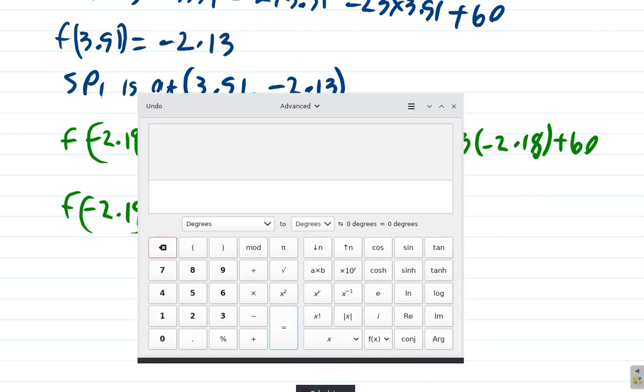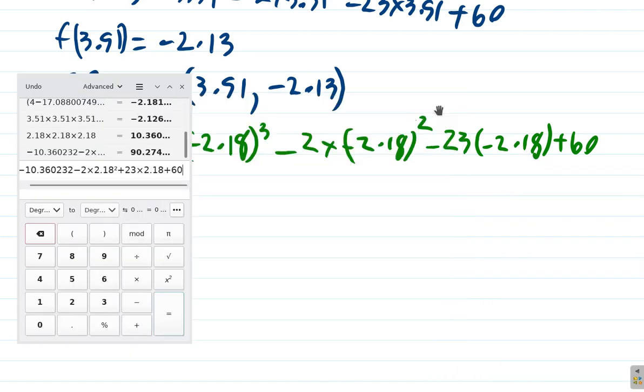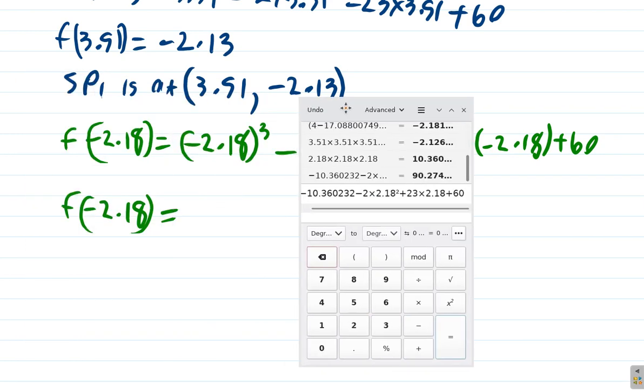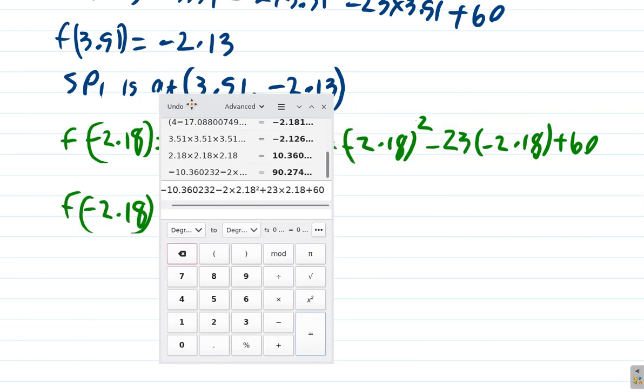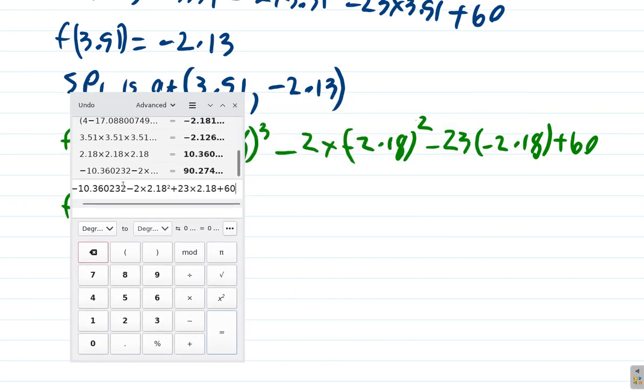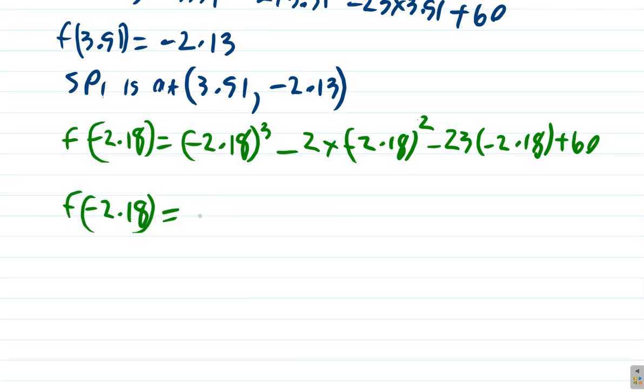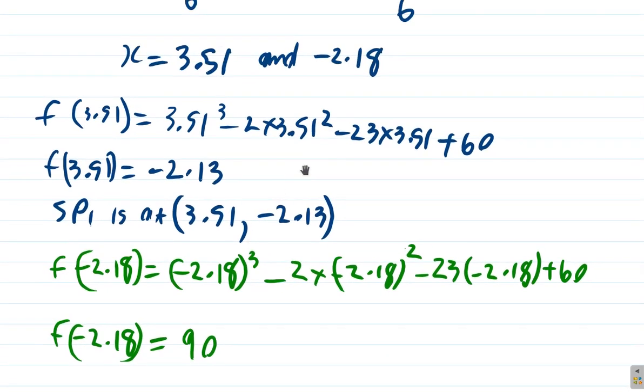So back to our calculator, we have negative that, minus 2 times that, plus 23 times that, plus 60. And we get 90, just call it 90 since it's such a large number.